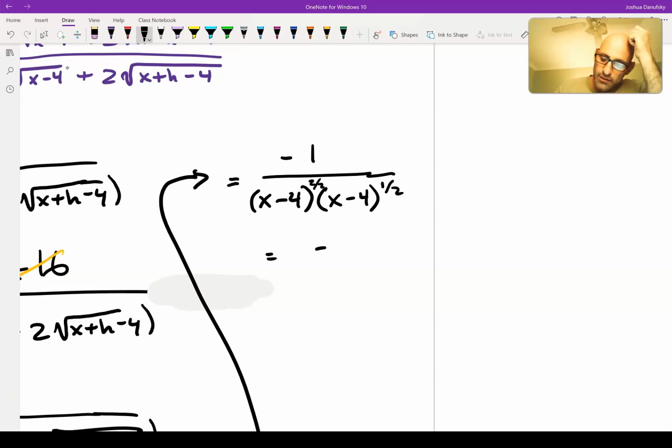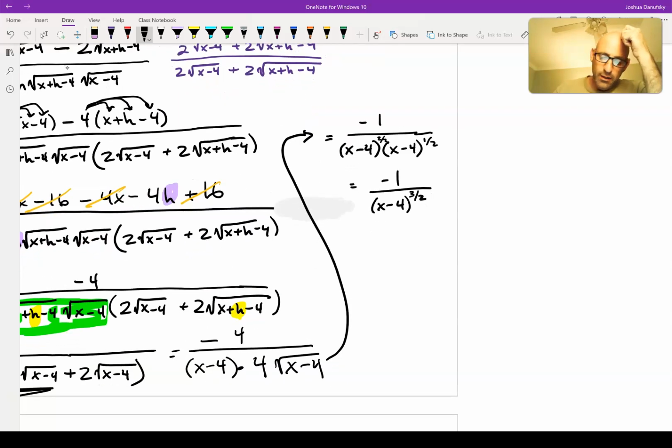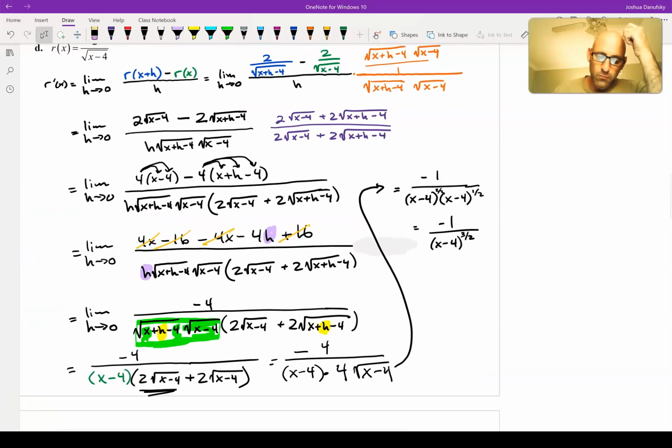And if we add exponents, we're going to have x minus 4 to the 3 halves. Look at that. And this is actually how I like the result here the best. And we'll see why that is later in a future chapter or a future section. But for now, we'll just leave it there like that.